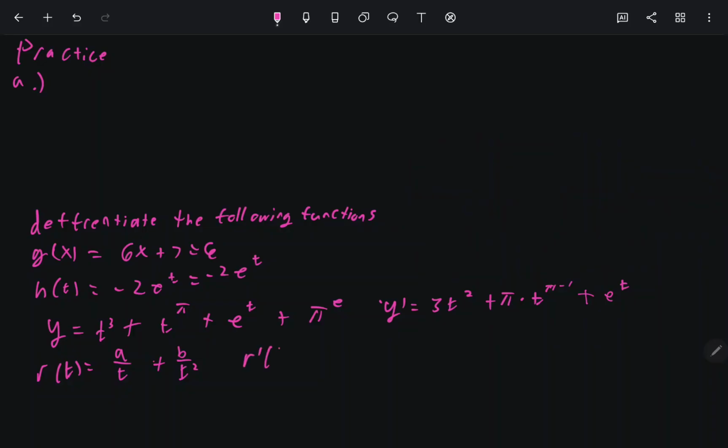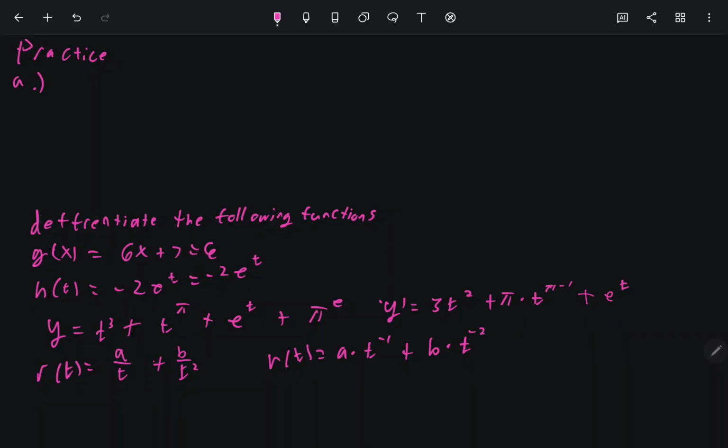R prime of t is equal to, well, let's actually first start by rewriting the algebra. So r of t is a times t to the negative 1 plus b times t to the negative 2.